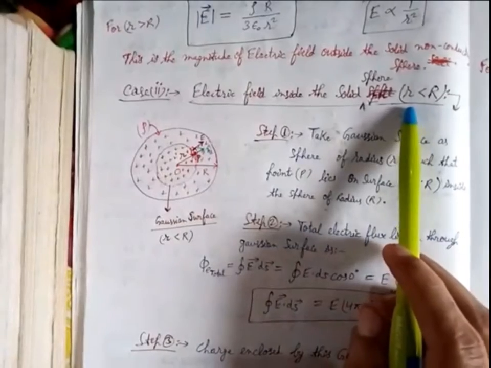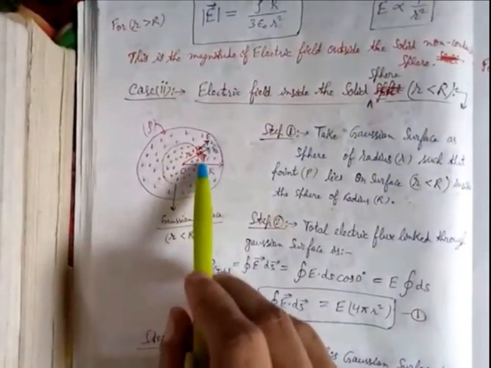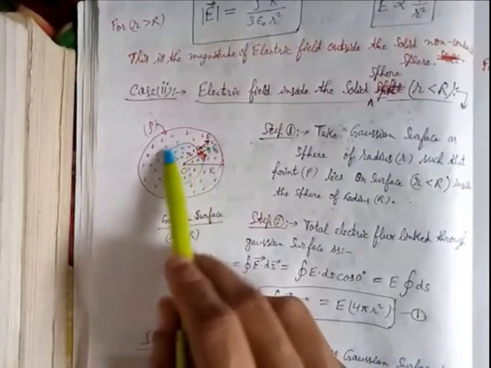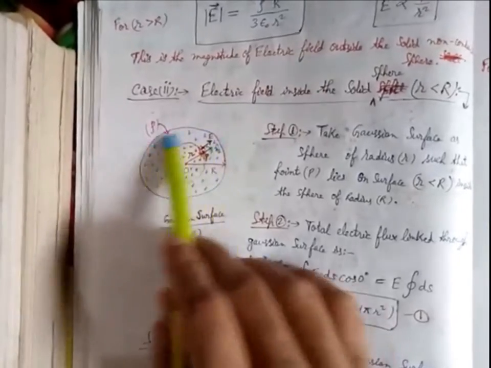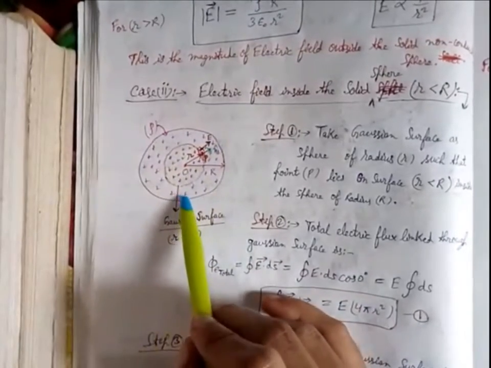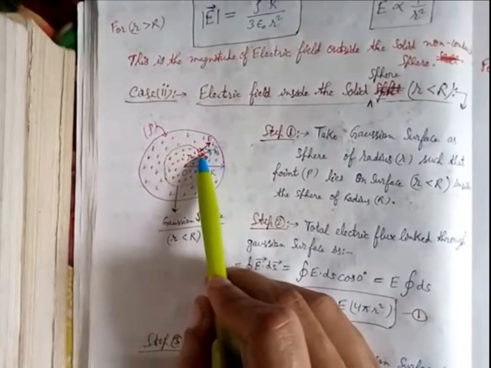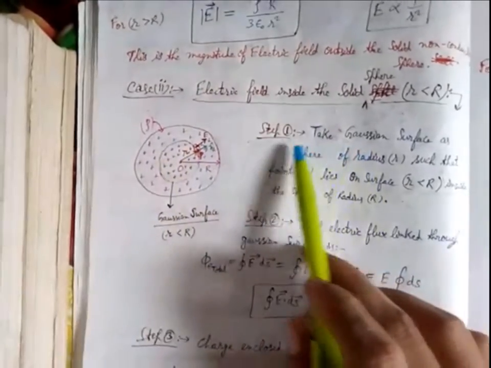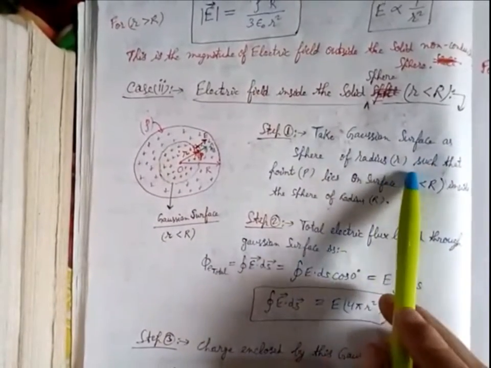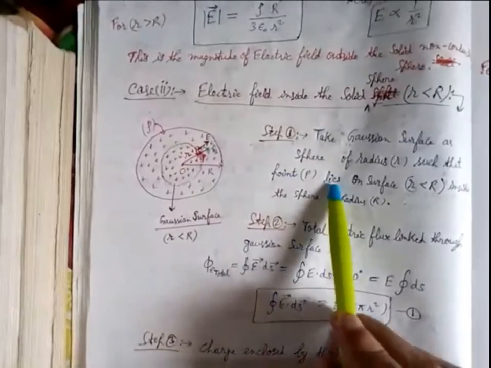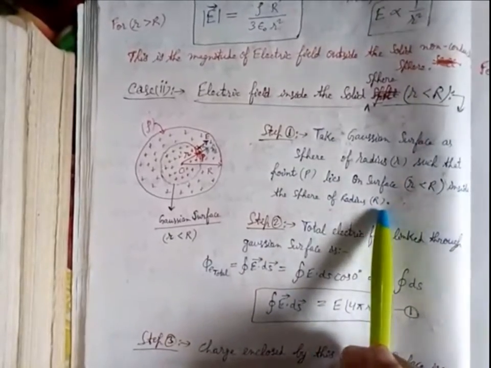It means we have taken small r less than capital R. It means the Gaussian surface is inside this non-conducting charged sphere. So the point P is taken inside the sphere. Step 1: take the Gaussian surface as a sphere of radius small r such that point P lies on the surface inside the sphere of radius capital R.